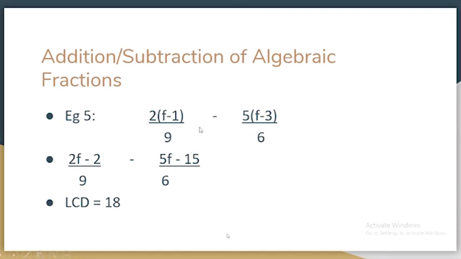It's the operation. So we are keeping the 5 right over in the numerator, not carrying the negative. So 5 times f, 5f. 5 times negative 3, negative 15. See? We write back the negative between the two fractions.